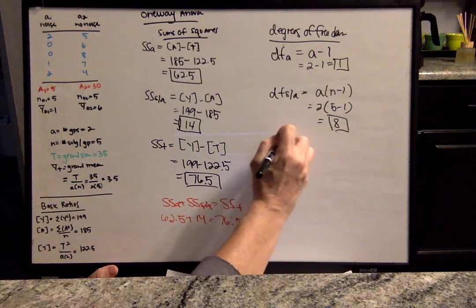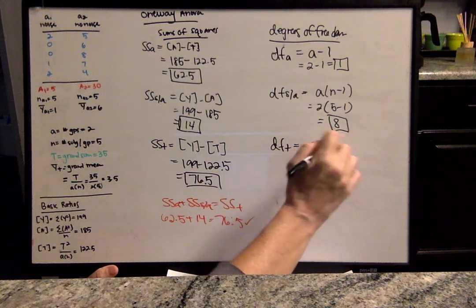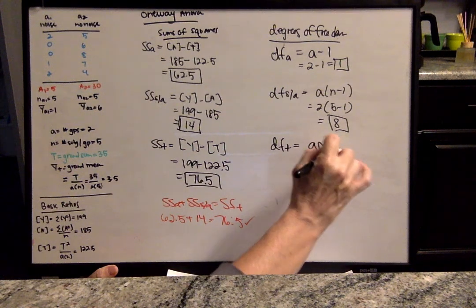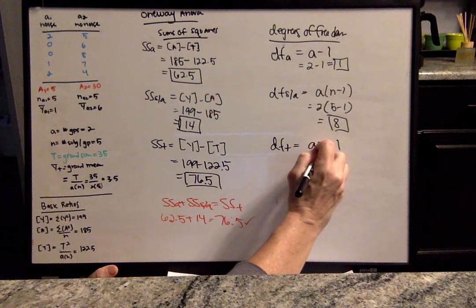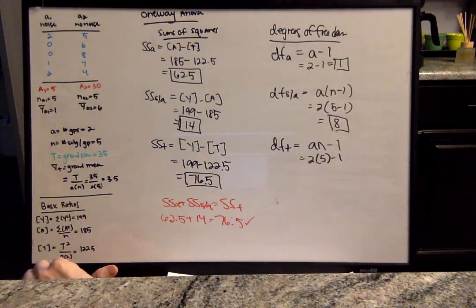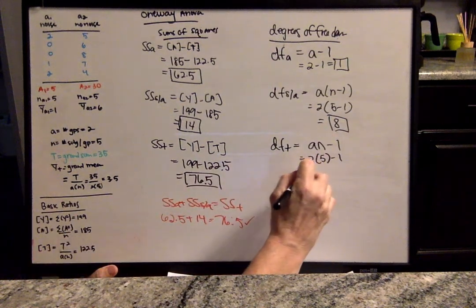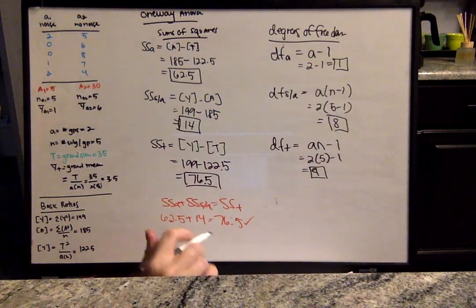And finally, we have our degrees of freedom T. The formula for this is a times n, no parentheses, minus 1. We've already discussed how our little a is 2, our little n is 5. So 2 times 5 minus 1 is 10 minus 1, which is 9.